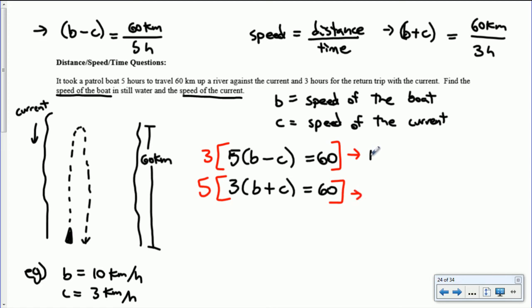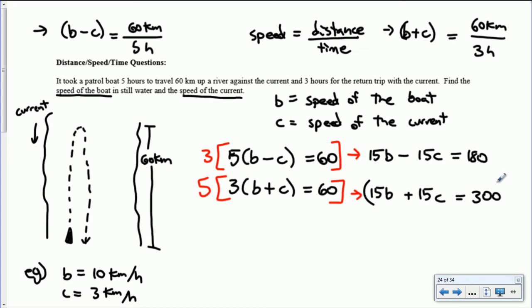So that would be 15, right? 3 times 5, 15. And then this 15 needs to distribute into the b and the c. So 15b minus 15c. And then 3 by 60 is 180. And then 5 by 3 is again 15, so it'll be 15b plus 15c equals, okay, 5 times 60 is 300.